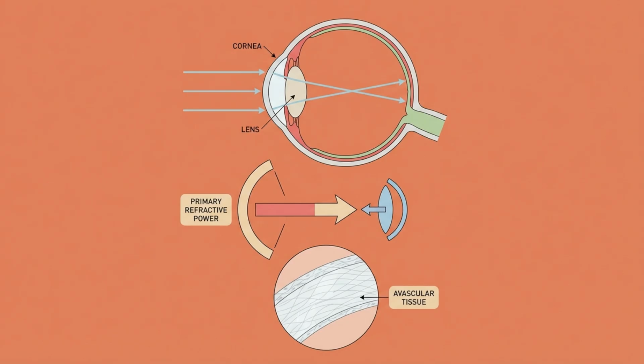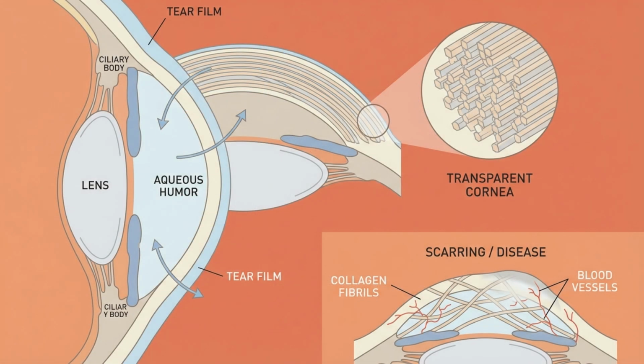The cornea is one of the few tissues in the human body that is entirely avascular. There is not a single blood vessel running through it. Blood vessels, with their opaque walls, would scatter light and destroy clarity. Instead, oxygen diffuses directly into the cornea from the tear film and from the aqueous humor inside the eye.